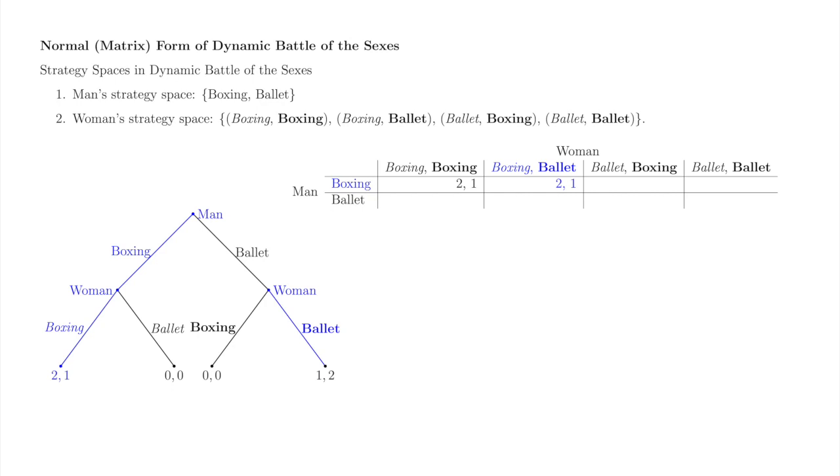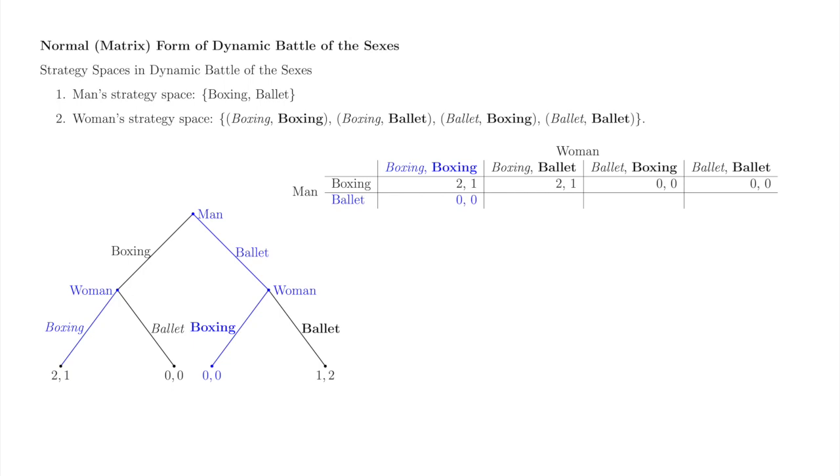The man goes boxing, the woman follows him to boxing, and payoffs are 2 and 1 respectively. Now the woman goes to ballet conditional on the man going boxing, so payoffs are 0 each. In this strategy, the woman still goes to ballet conditional on the man going boxing, so the induced path of play does not change and payoffs are still 0 each.